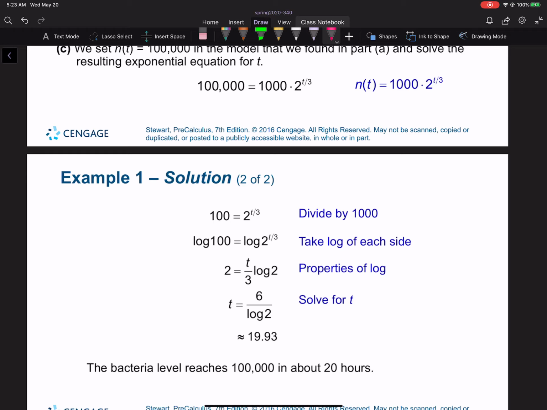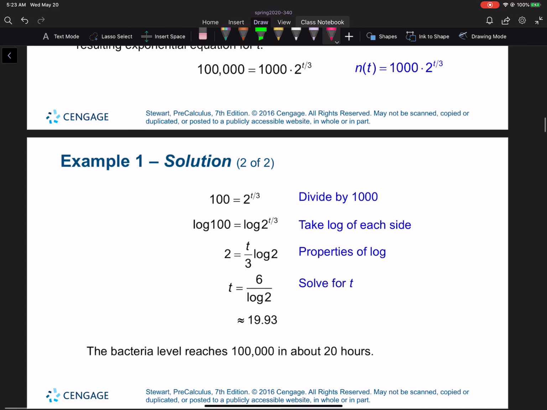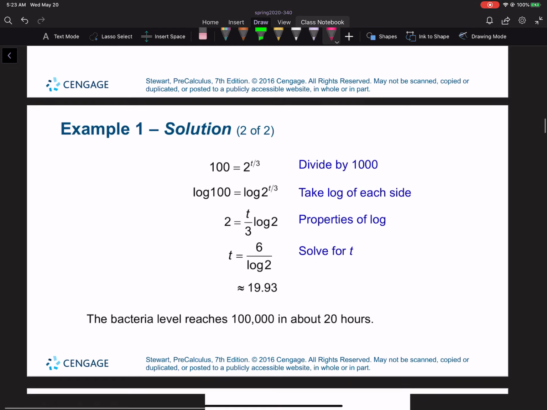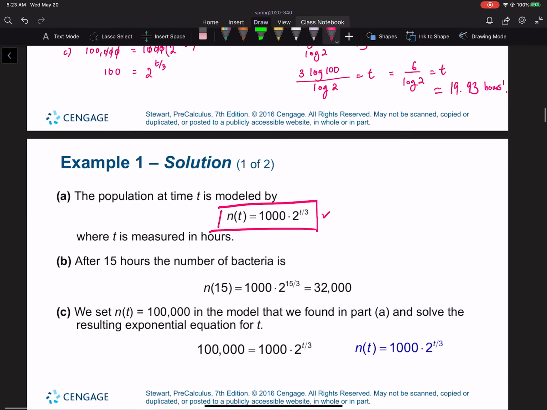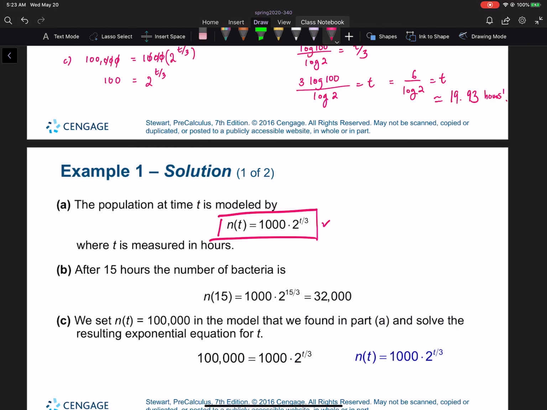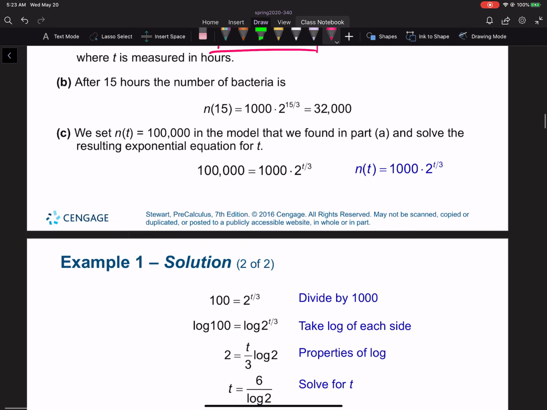So close to about 20 hours for you to get to 100,000 in the bacteria population. Okay. All right. So this is no news to us. We've done this before, and hopefully this was a quick review for you.